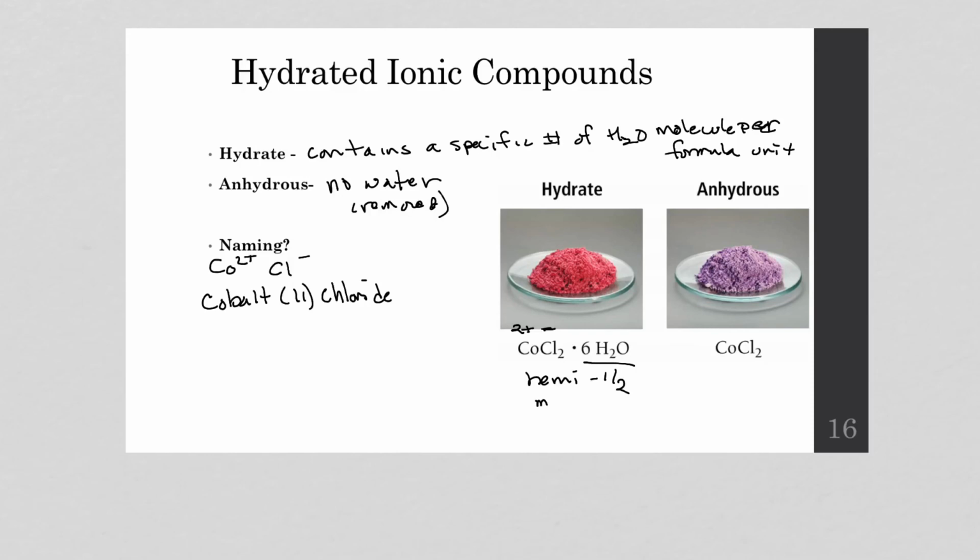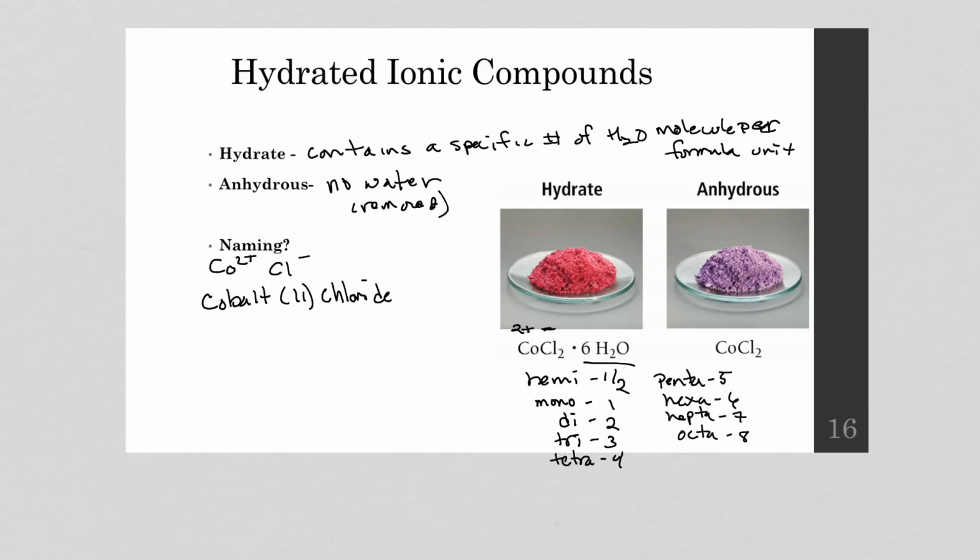We have mono for 1, di is 2, tri is 3, tetra is 4, penta is 5, hexa is 6, hepta is 7, and octa is 8.